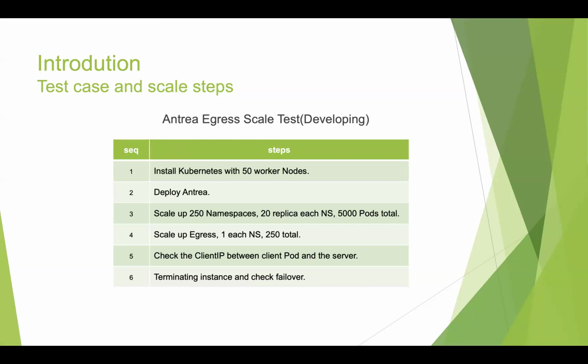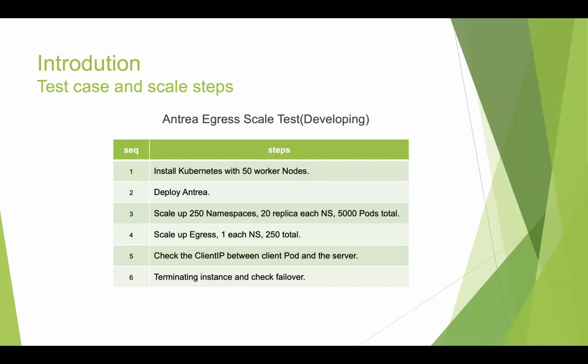This scale test which you have done, does it include the network policy test, or other tests as well, for example conformance and other tests, or feature-based tests, for example egress and other features which you have?